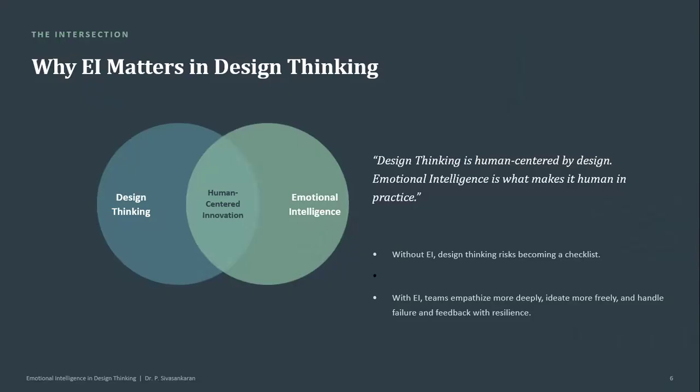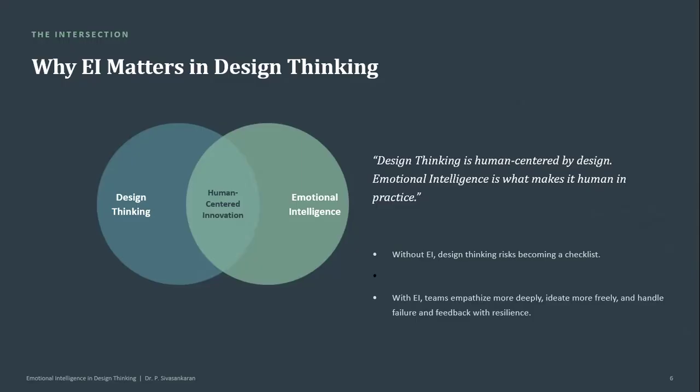How emotional intelligence can be incorporated in order to meet the requirement of the design thinking process. Let us see further. Design thinking becomes truly effective when combined with emotional intelligence.